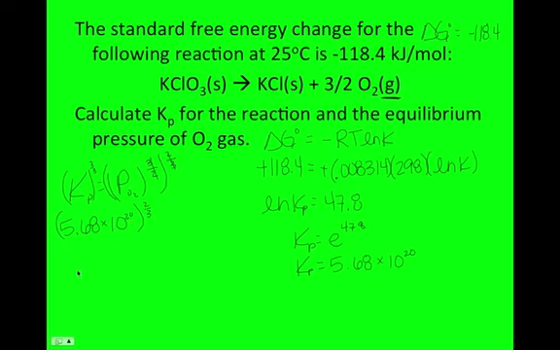And so this ends up working out to the pressure of oxygen gas is 6.9 times 10 to the 13th, and this is pressure, so it's atmospheres. This is a crazy high atmosphere, and I can't imagine having anything in my lab capable of holding a pressure that high, but it's what it calculated out to be.